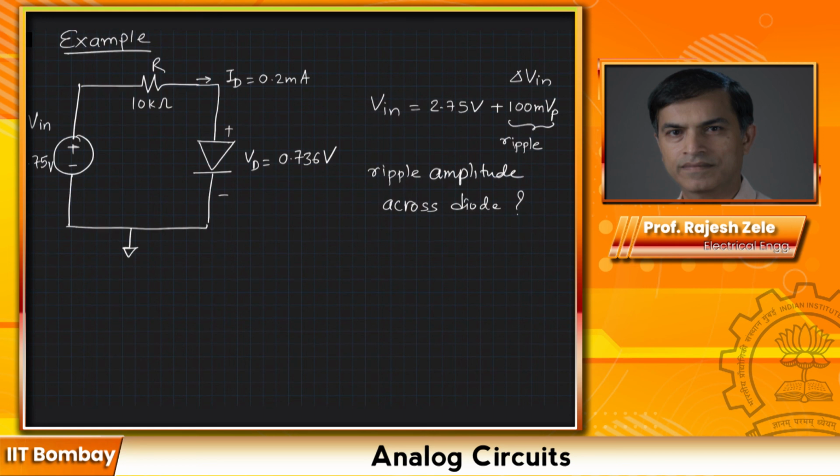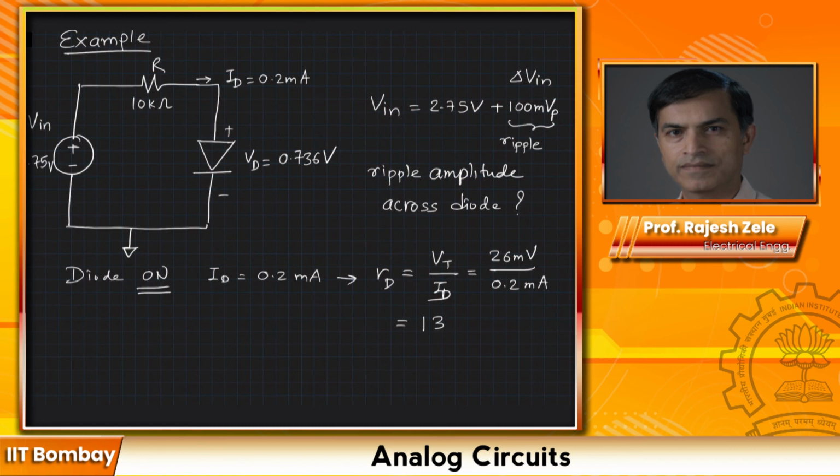We know that the diode is turned on, all that analysis we have done. So the diode is on and ID is equal to 0.2 milliamp. This gives us straight away the resistance of the diode, which is equal to VT divided by ID, and that gives you 26 millivolts divided by 0.2 milliamp, which equals 130 ohms.